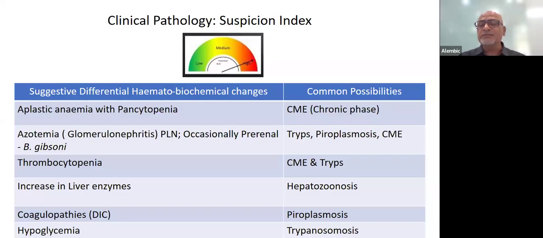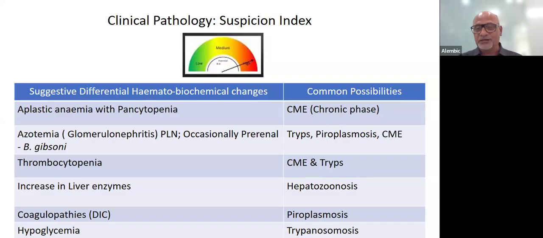Thrombocytopenia, yes, ideally in ehrlichiosis, but also in other infections including trypanosomosis. Increase in liver enzymes, you can think of hepatozoonosis. Coagulopathies, as I've said a couple of times, are associated with Babesia gibsoni infection or pyroplasmosis.